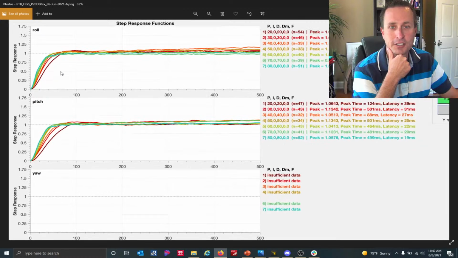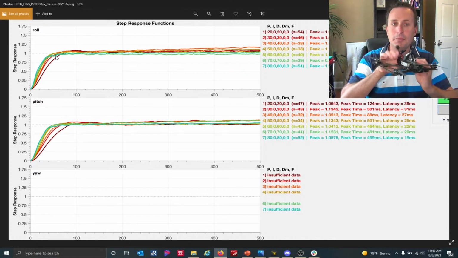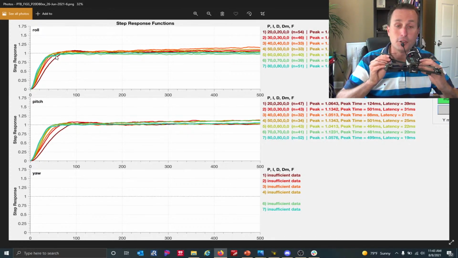Now, the difference you might see here is, okay, well, why? You can see these lines are lagging further back, right? Well, as you have really weak PIDs, the rise time, which is what they call it, is going to change.